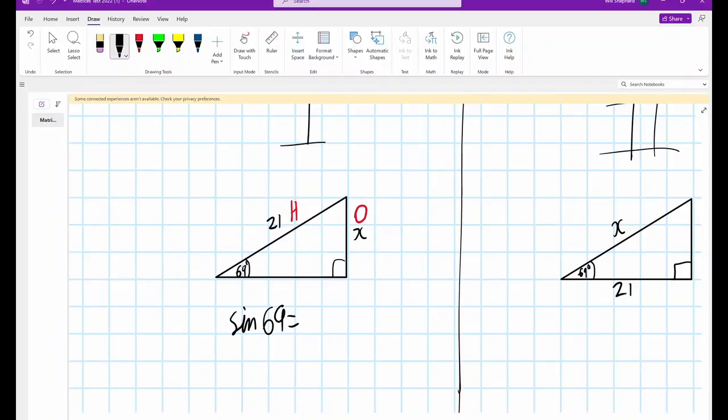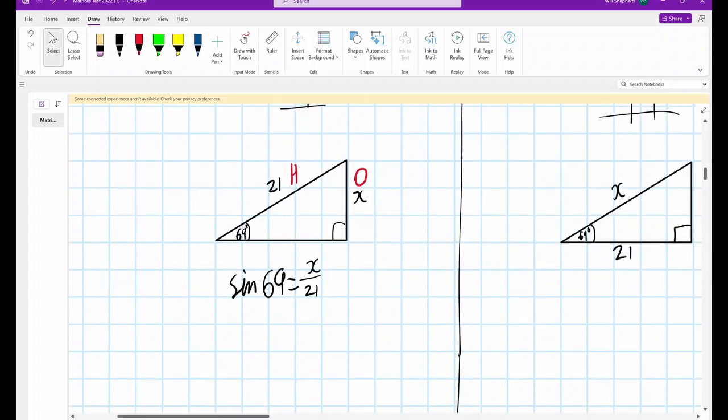Equal to opposite, which in this case is x, over 21. And the reason that this is a type 1 trig question is because we have the unknown on the top here. For a type 1 trig question, in order to get the unknown by itself, all we do is we times by the denominator, which in this case is 9 plus 10, 21.